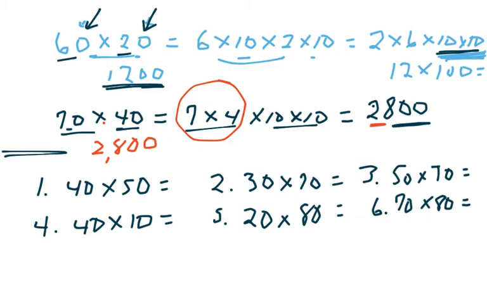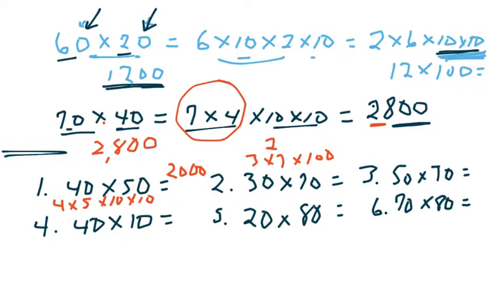Welcome back. Let's talk about these. 40 times 50. Well, this is 4 times 5 times 10 times 10, right? So that's 2,000. Okay? 30 times 70 here, that's 3 times 7 times 10 times 10, or 100.